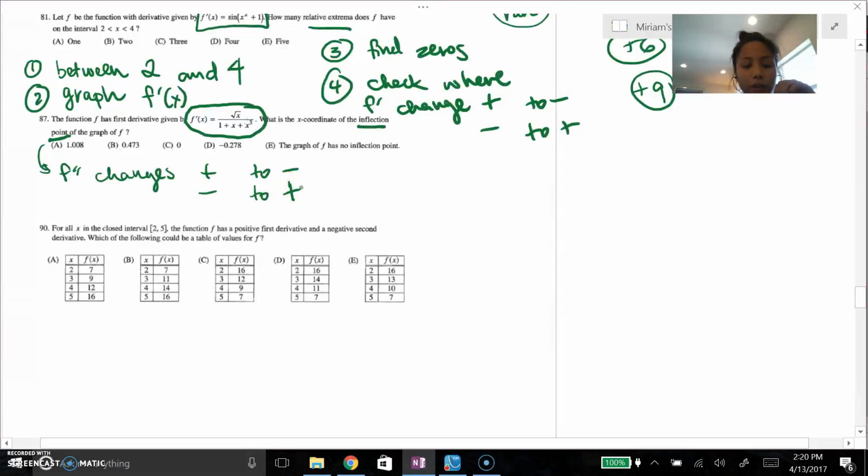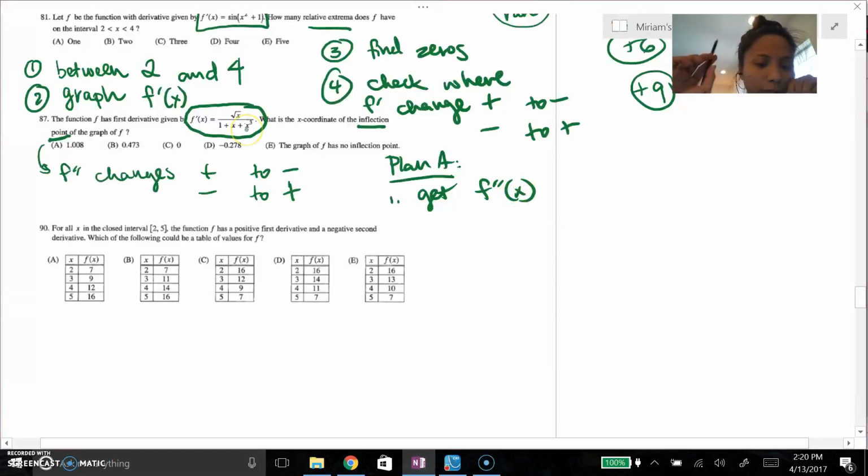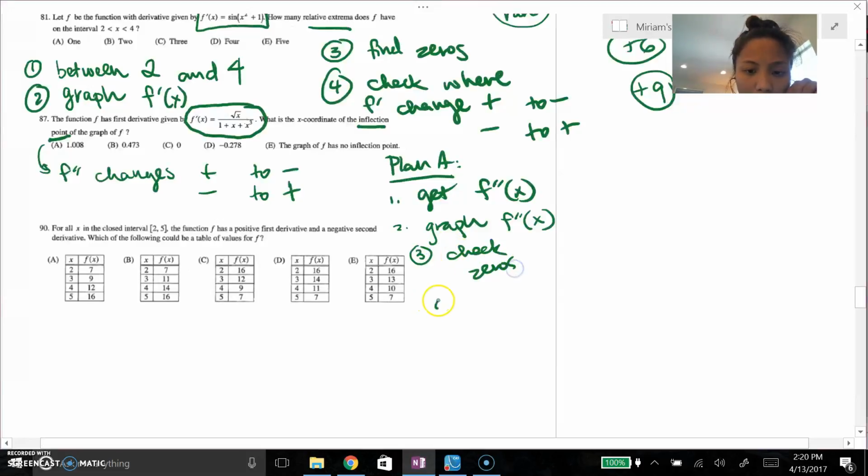Okay, so there's a few ways you can do that. Plan A, you can get f double prime of x using your calculator, get the derivative of f prime. Then you can graph f double prime of x, check zeros, and see the change from plus to minus or minus to plus.